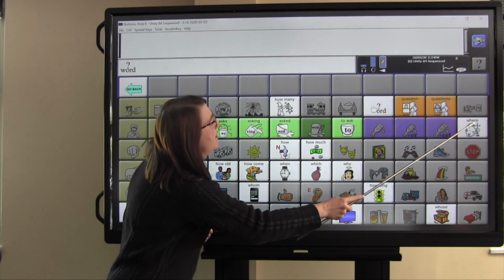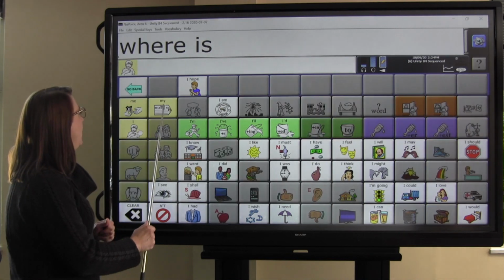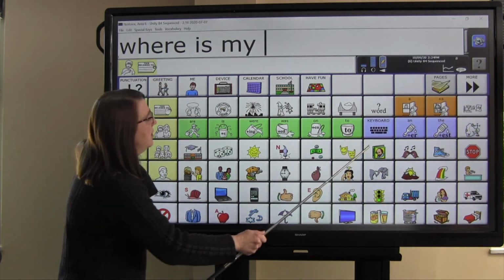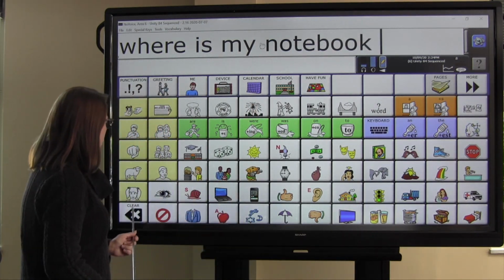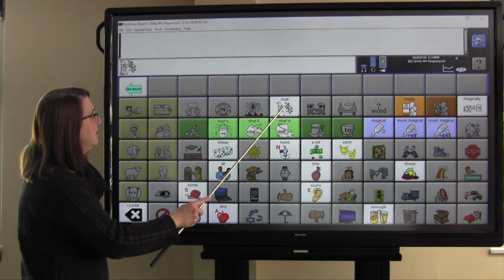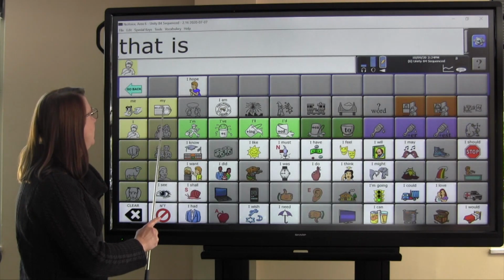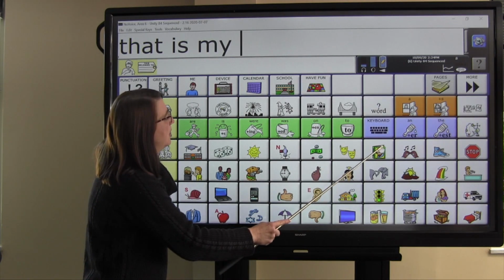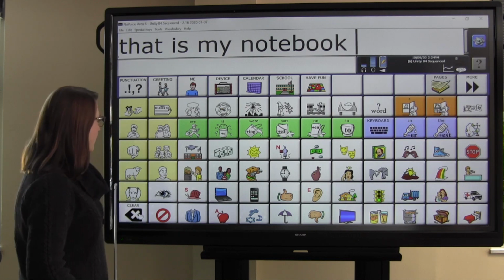Question word plus the map. Where is my notebook? And then I could say, oh, that is my notebook. That is my notebook.